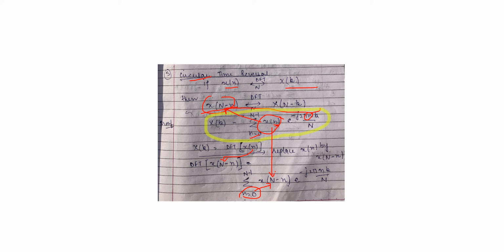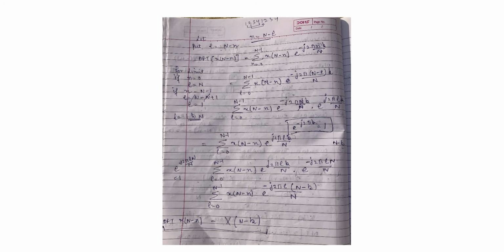How will we change the limit and how will we write this n? So we put L is equal to capital N minus n. First we will change this limit.